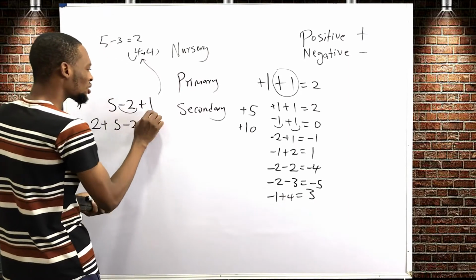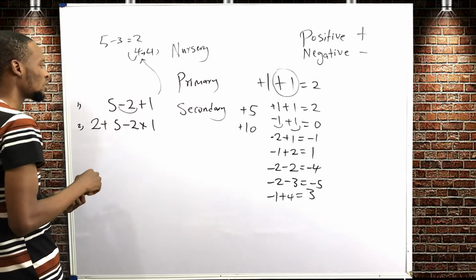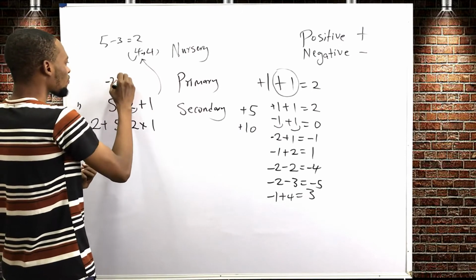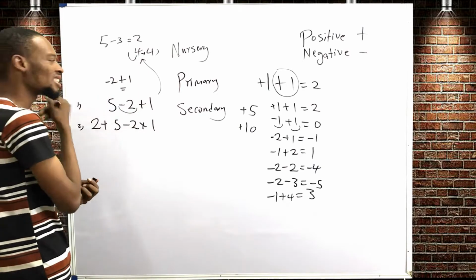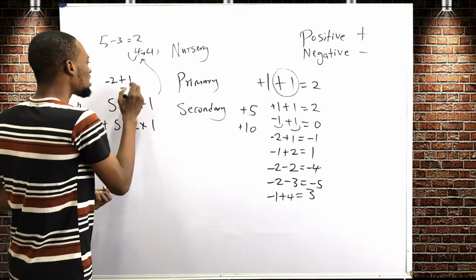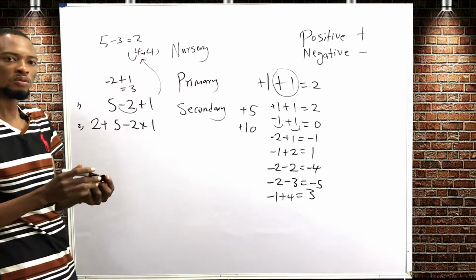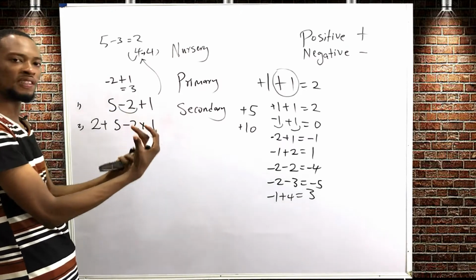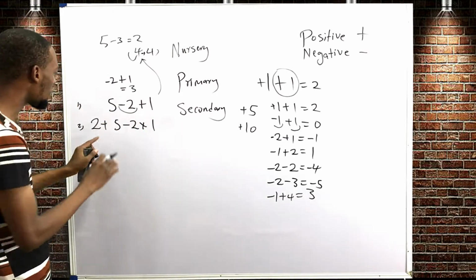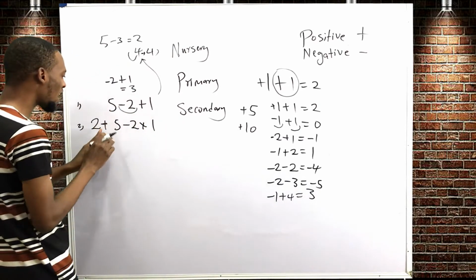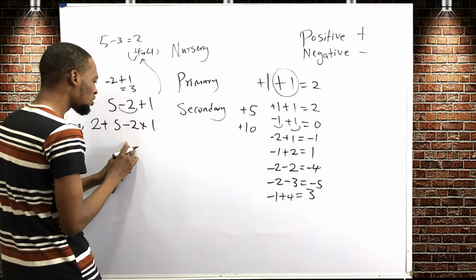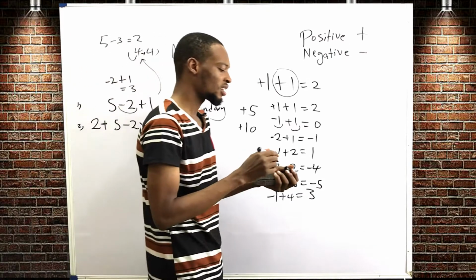Don't just say, okay, 2 plus 1 is 3. No. Or you see something like this and you go ahead and say, okay, this is 3 now, 2 plus 1 is 3. No. You have to what? Be conscious of that.